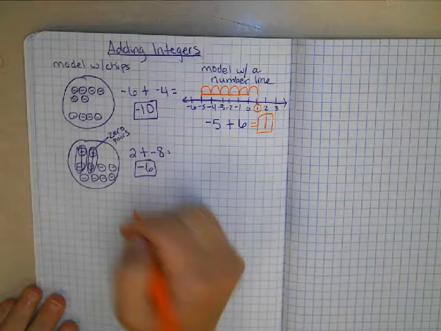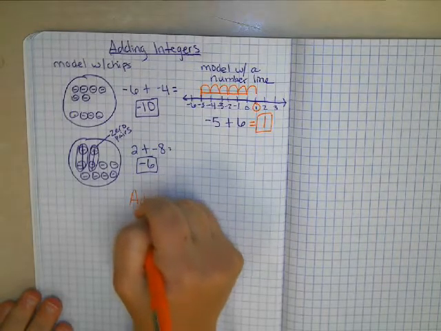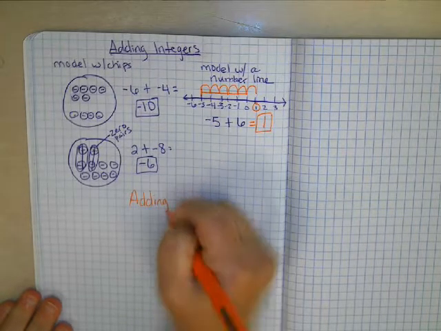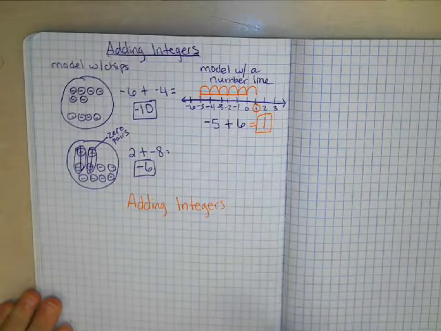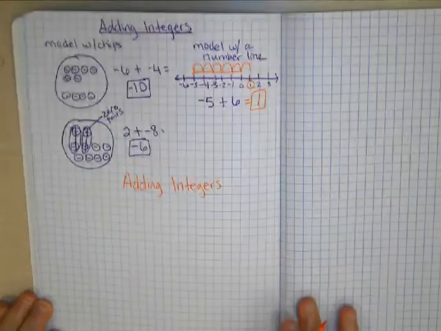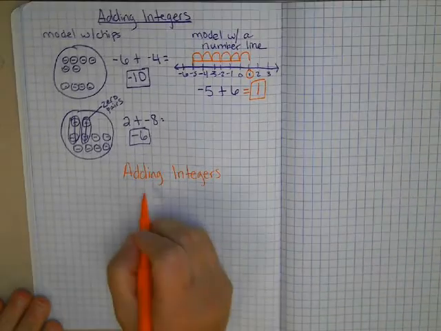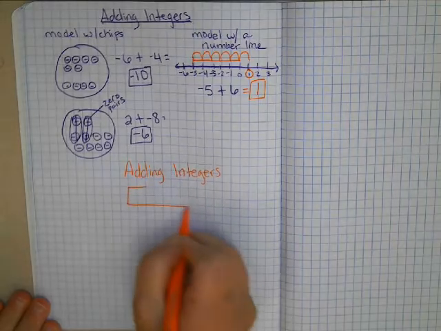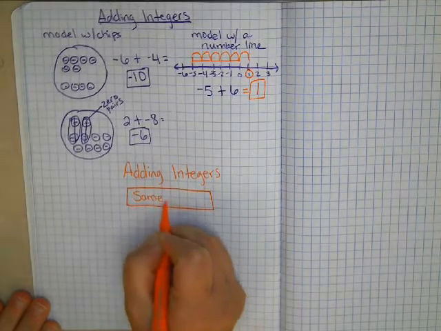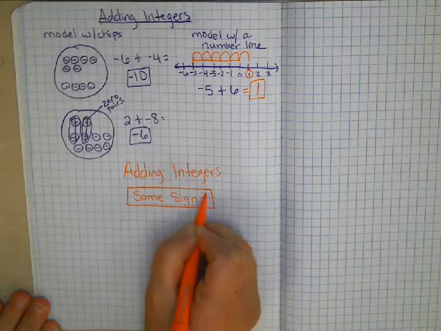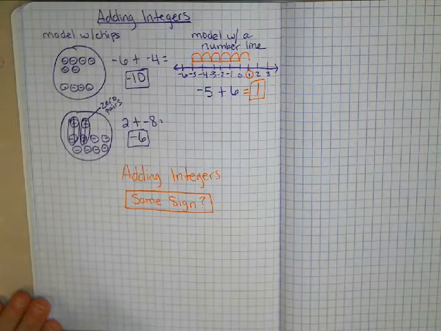But there are rules for adding integers. To add integers, the main question we have to ask is, do they have the same sign? So are they both positive? Are they both negative, or are they different?